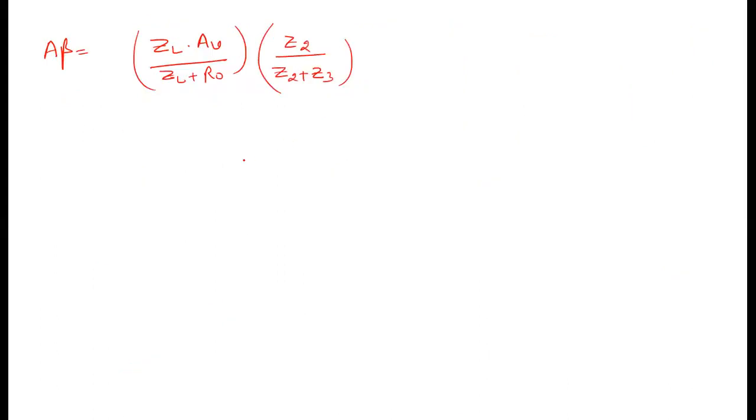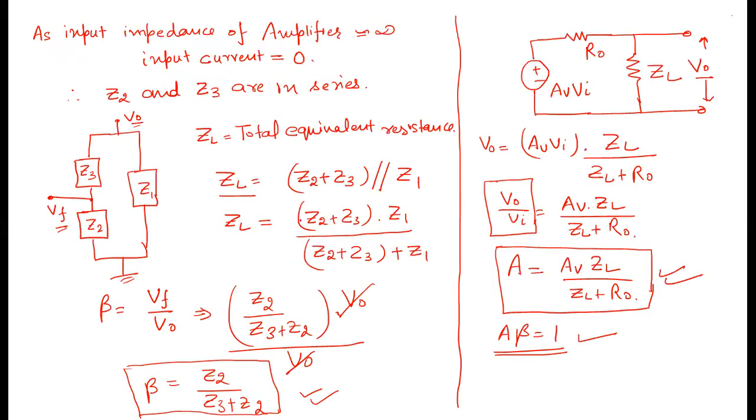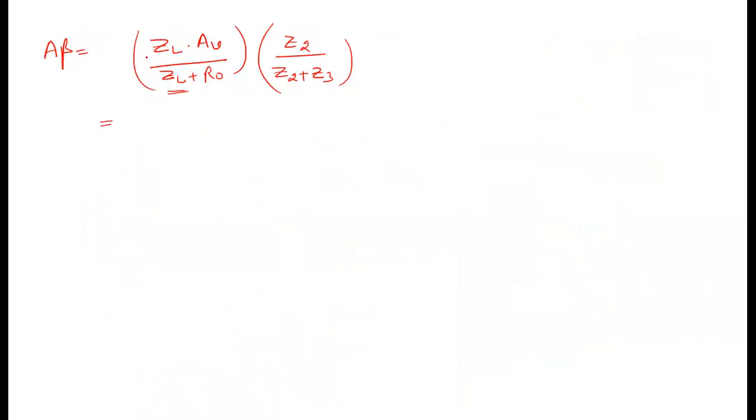Okay, so let's solve this expression. And we have ZL also. Here we can see that we have ZL as this expression. So put ZL in that expression and solve. After solving, we put the ZL from the last expression.